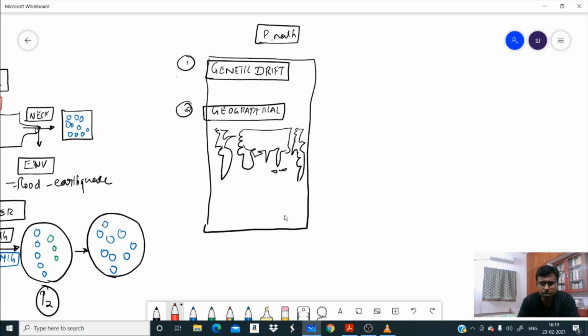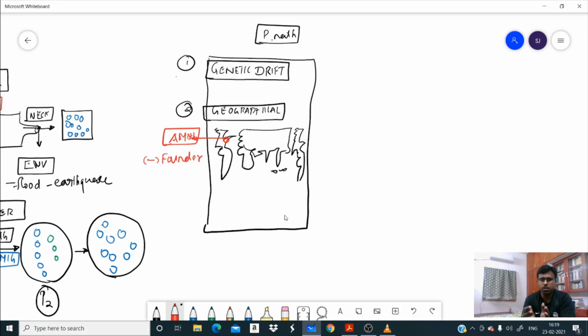In that example, they would have given something called the Amish family. So what is this Amish? If you see, people from Europe, a small set of population or a small family, migrated to Pennsylvania in USA, and as I said, this is the founder effect.